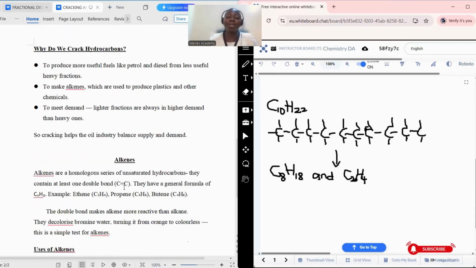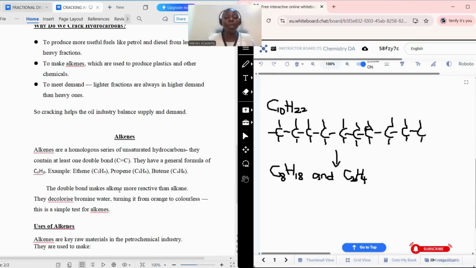So with that being said, let's look at alkenes. Alkenes are a homologous series of unsaturated hydrocarbons. When we say unsaturated hydrocarbons, they contain at least one double bond. Example here we have ethene, like we said earlier. If you have to draw the structure of ethene, it is C, a double bond, and C. So alkenes generally have at least one double bond.